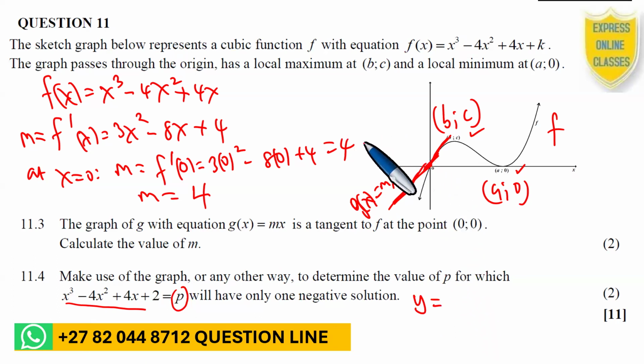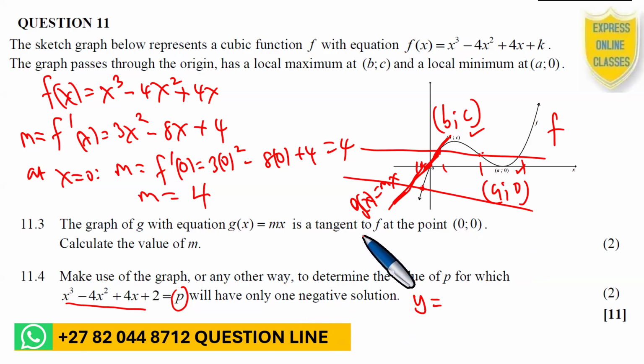When you draw a line like this, the intersection is such that the corresponding x value is negative at the point of intersection. Because if you draw a line here, it's going to cut at two points, and these are positive x values. But if it cuts here, then we have a negative x value.